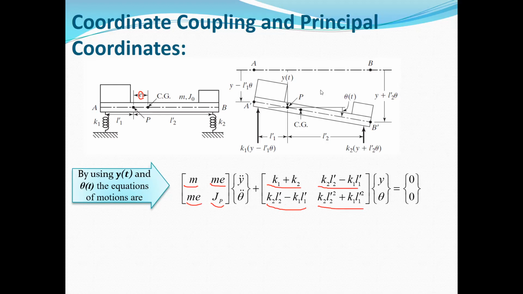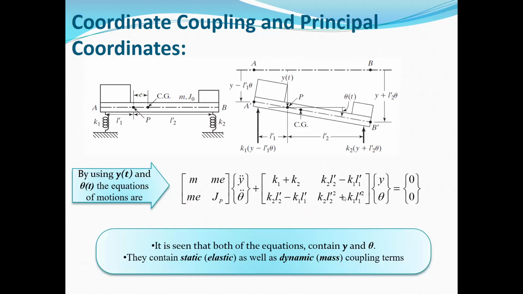In this case, because we have a non-diagonal matrix of coefficients for the acceleration, we call it a dynamic coupling or mass coupling, as well as the static or elastic coupling. Okay, so you can see by changing the coordinate system, the equation of motion will be changed.